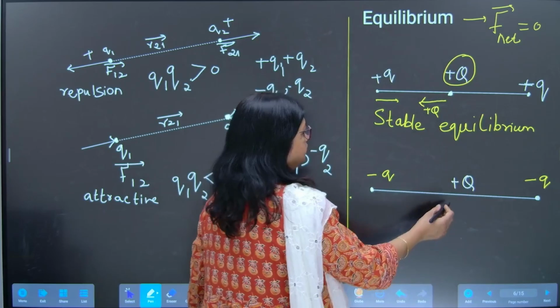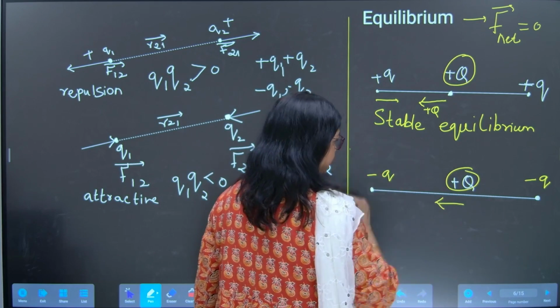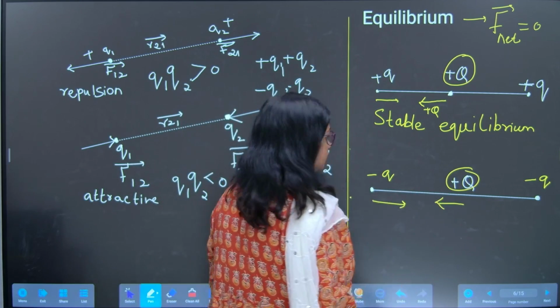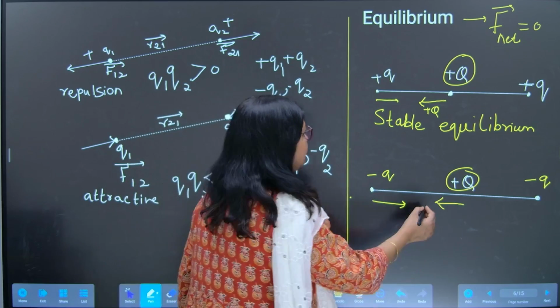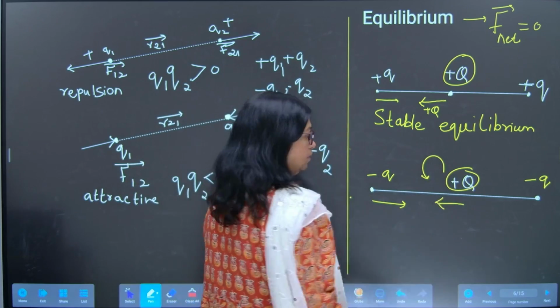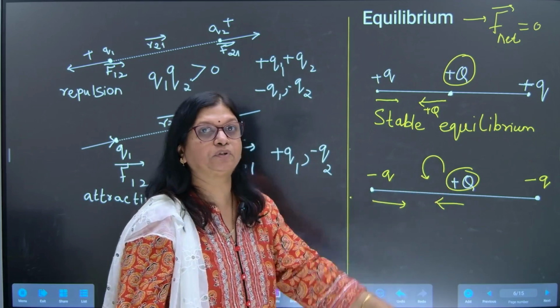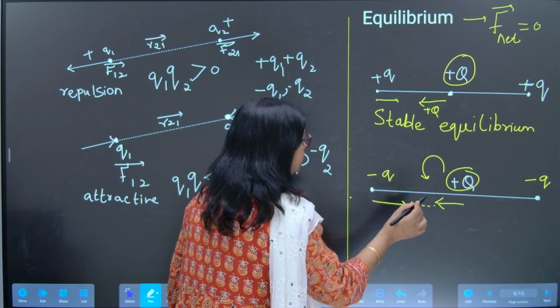Now let us shift this charge towards the negative charge. Both these charges will attract each other because this is negative and this is positive. So what will happen? The moment I have changed the position of this positive charge, it will not go back to its original position. It will run towards the negative charge and come towards it.